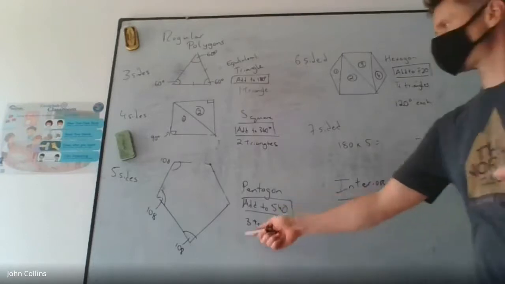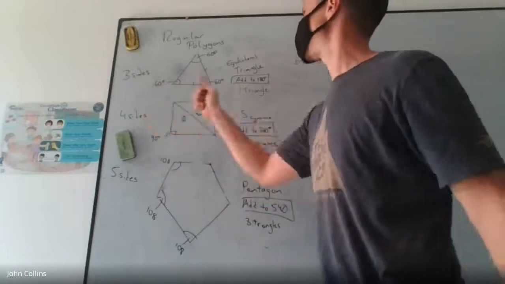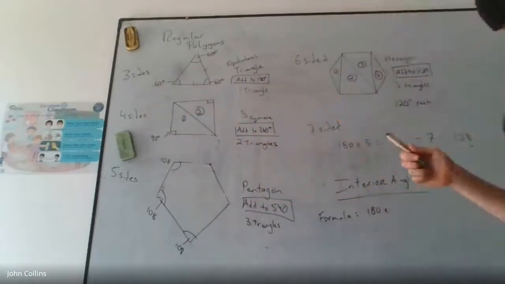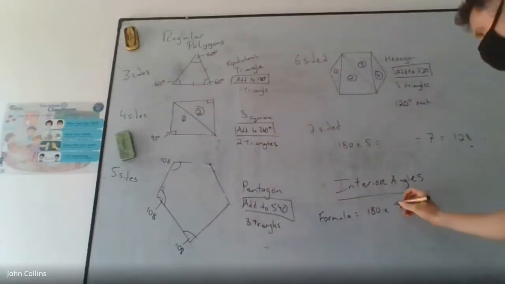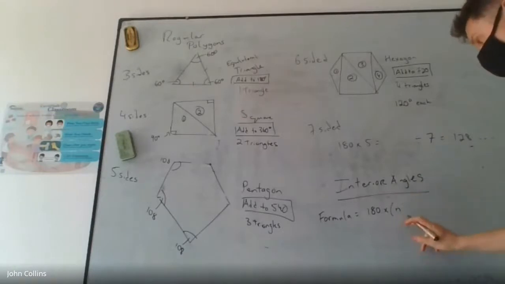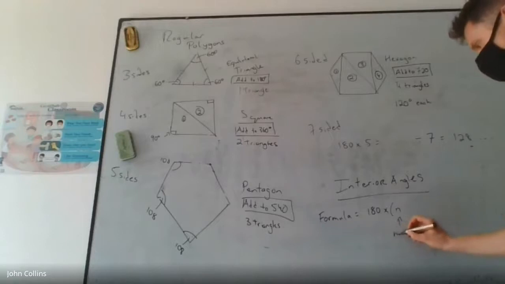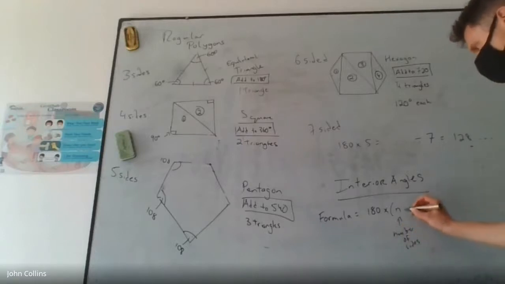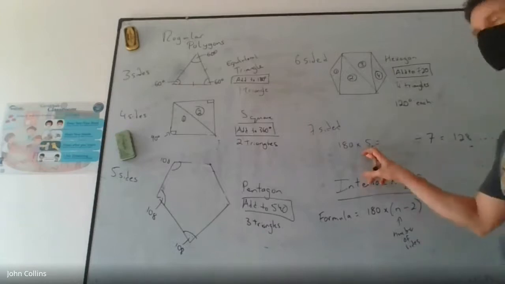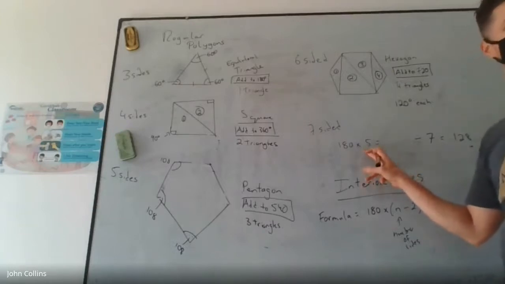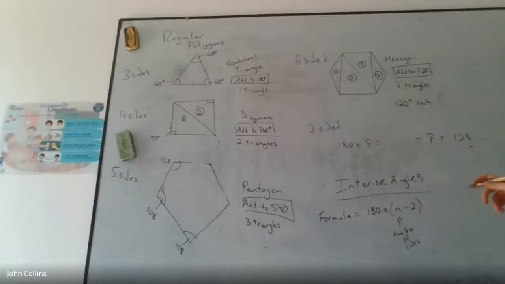So there's 3 triangles in a 5-sided shape, 2 triangles in a 4-sided shape, 1 triangle in a triangle. You can just call the number of sides n. And take away 2. So for the 7-sided shape you took away 2, because that's the number of triangles you get.